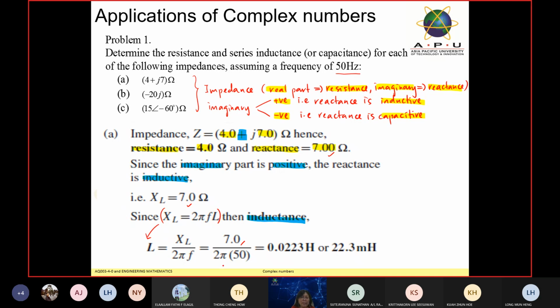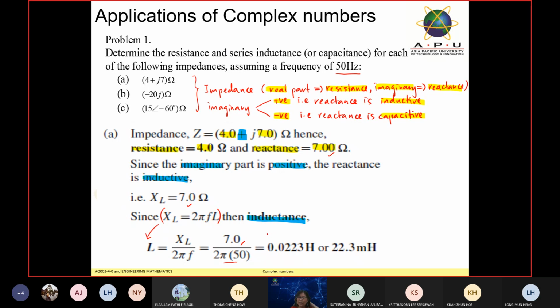So 2 pi times 50. When you calculate, you get 0.0223. This is the answer.